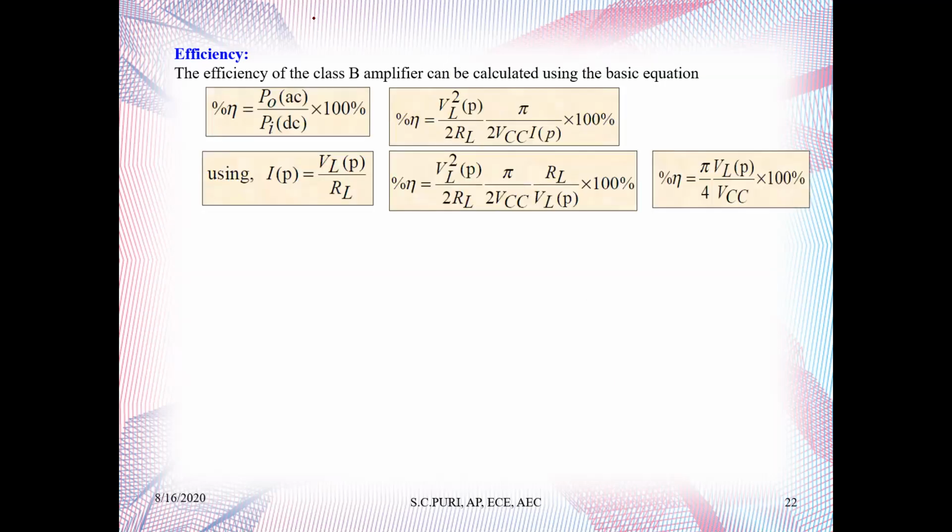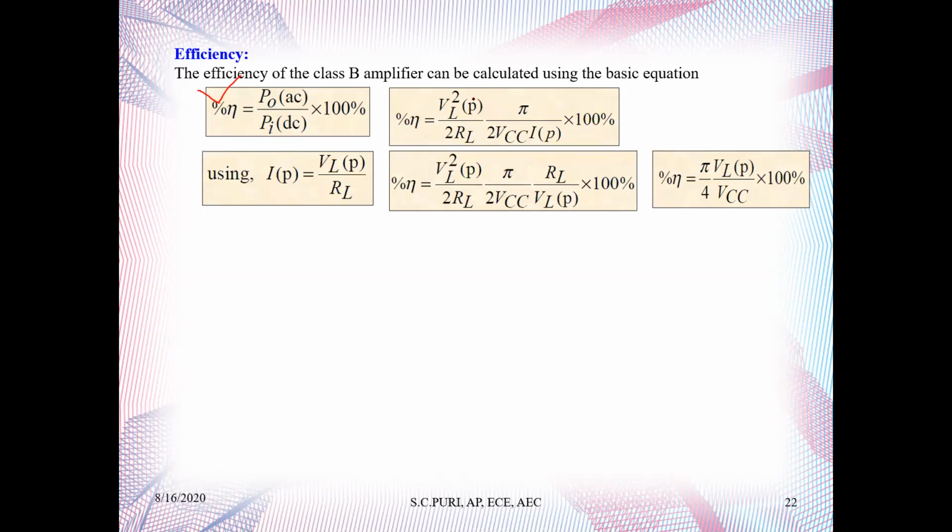Now we will talk of the efficiency. The efficiency of the class B amplifier can be calculated using the basic equation. Similar to the previous amplifiers, percentage efficiency is equal to output power by input power, where output power is AC and input power is DC, into 100%. We have just found the output power in the previous slide.